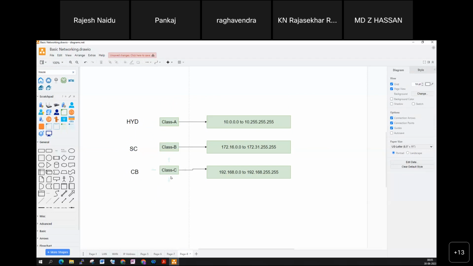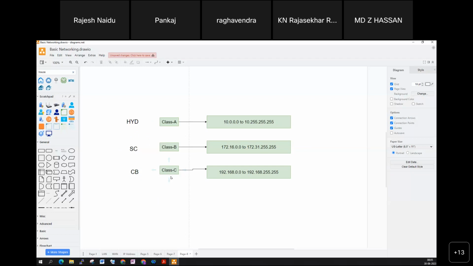High Tech City is completely developed for IT. In Hyderabad, some areas are developed for different types of business, and Secunderabad is developed for different types of business. Similarly, in IT companies we have low-range, mid-range and high-range companies: 100 users, 500 users, 1000 users, 50,000 users, 1 lakh users, 10 lakh users, 1 million users.